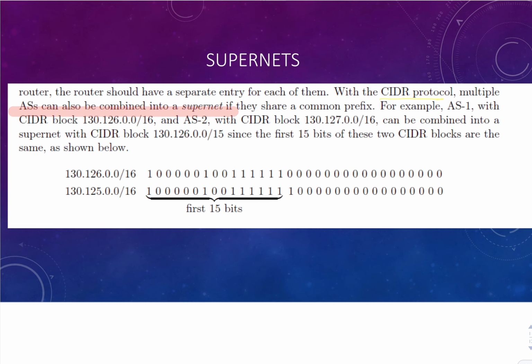For example, Autonomous System 1 with CIDR block 130.126.0.0/16 and Autonomous System 2 with CIDR block 130.127.0.0/16 can be combined into a supernet with CIDR block 130.126.0.0/15, since the first 15 bits of these two CIDR blocks are in common.